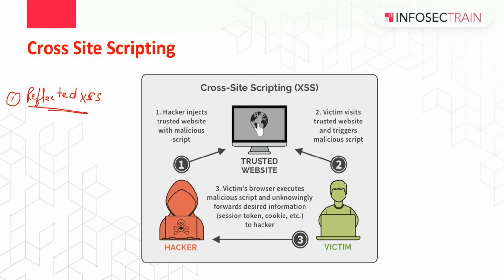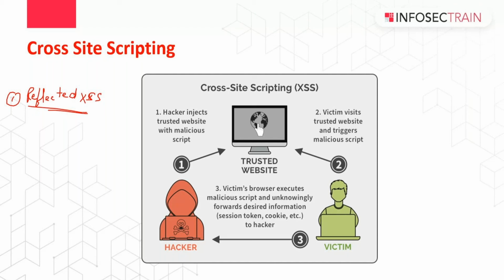It is non-persistent. Why? Because in order to attack, I should be able to execute the request from your system. I have to send you a request, and I should be physically present to execute it. Let's say I use this cross-site scripting, I write some code and send that to the target. You all are my target.